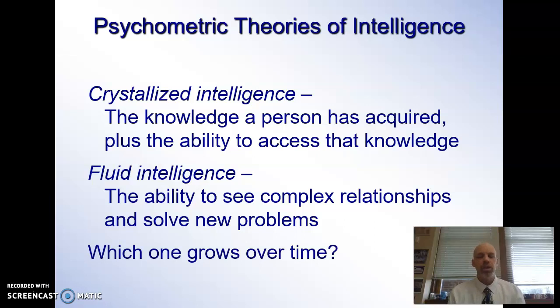And one of the big things here is that crystallized intelligence will actually grow over time. Fluid intelligence usually is stronger in younger folks. And in your 20s and 30s, you get pretty good fluid intelligence. As you get older, sometimes that fluid intelligence starts to drift away, but that crystallized intelligence is gaining. Why? Because you're gaining information as you get older.